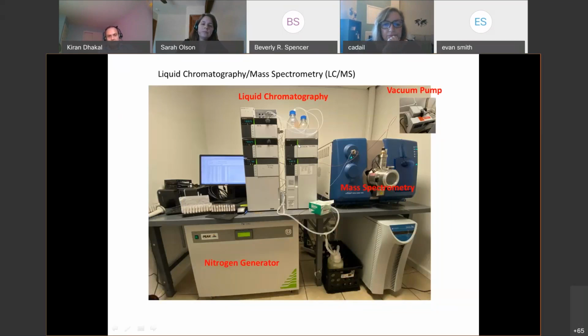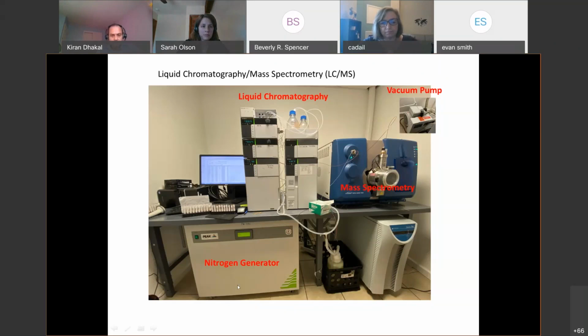The drug passes from liquid chromatography to the mass spectrometry. In the mass spectrometry, the front end is the ionization part, and it has a vacuum tube inside, which is a mass analyzer, and then it finally goes into the detector, and then we can read the signal in the computer.